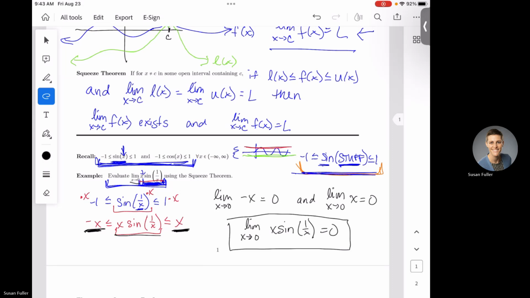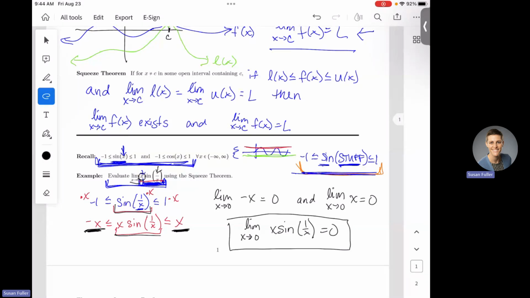So this is really how we use the squeeze theorem, and your process for any of these functions is going to be the same. Start with the sine of whatever stuff you have, and deal with the extra factor in a minute. Kind of ignore that at the very beginning.